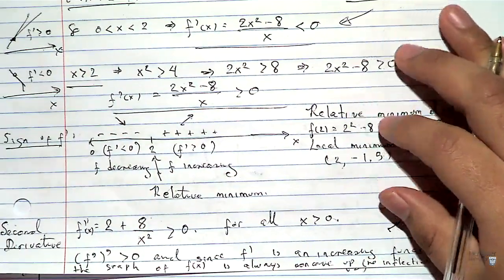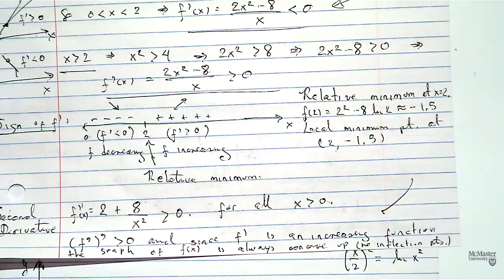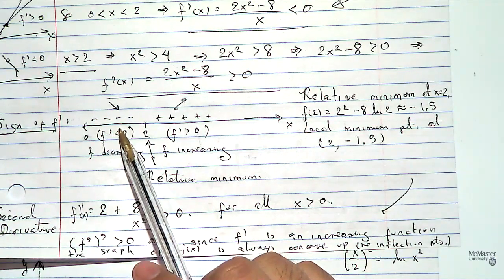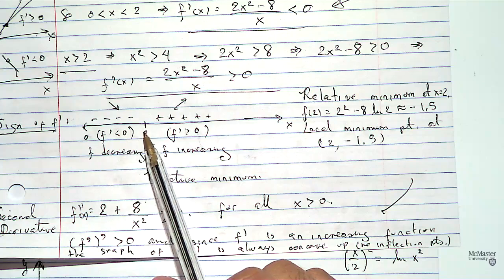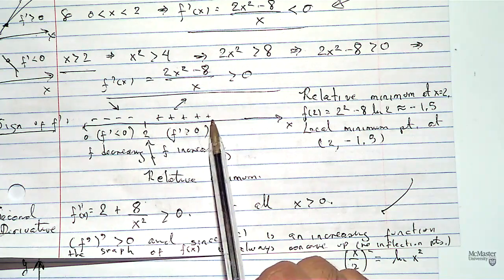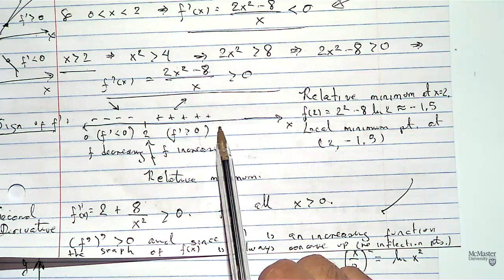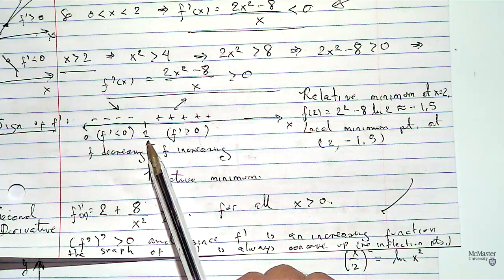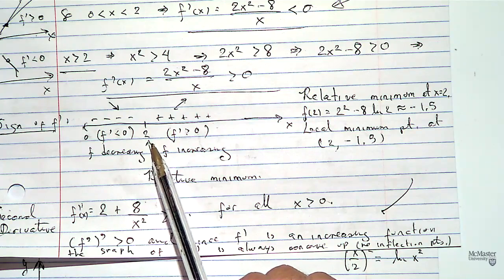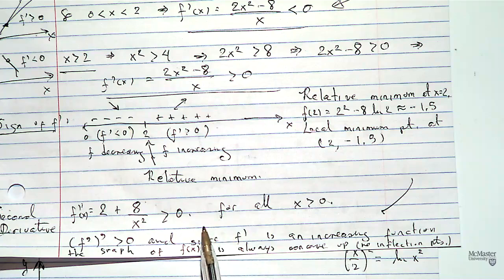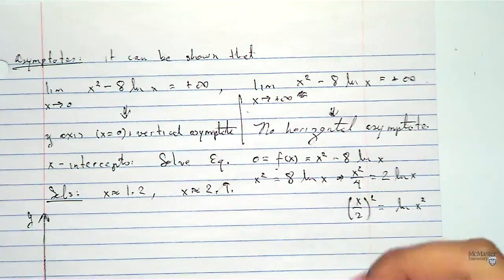If you remember, this is the region where the function is decreasing from 0 to 2. After 2, the function is increasing. We know that we have a local minimum over here, which is actually going to be the global minimum. We also know the concavity, so the function is always concave up. We know that it tends to plus infinity on this side.